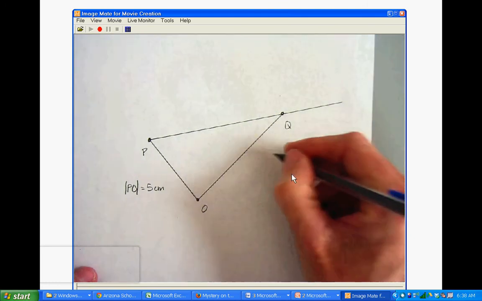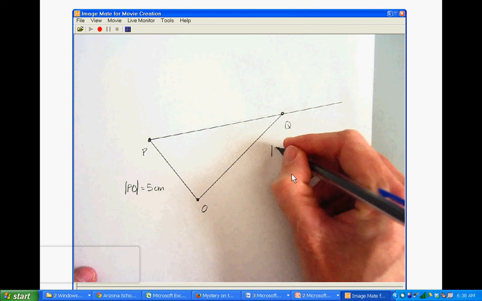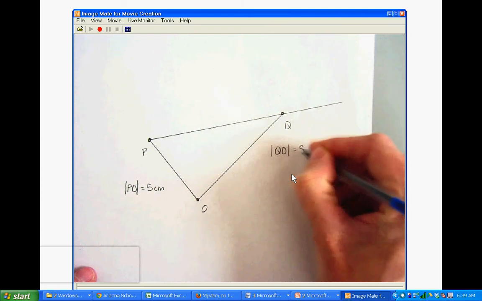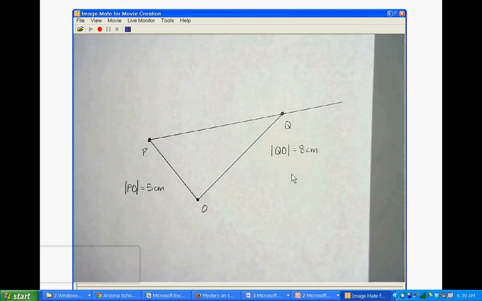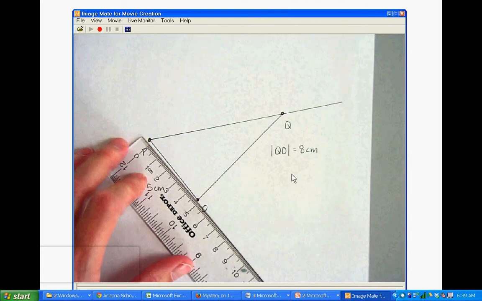And over here we have line segment QO, or OQ, and this is equal to 8 centimeters. Well, if I take a dilation, let's say, of half of this, well, half of 5 would be what? It'd be 2.5.